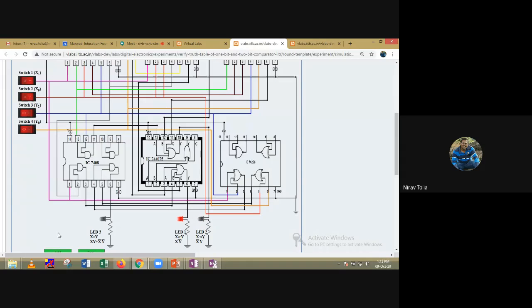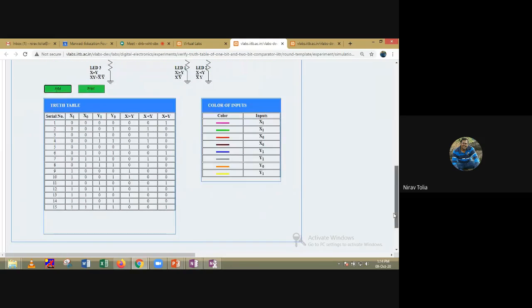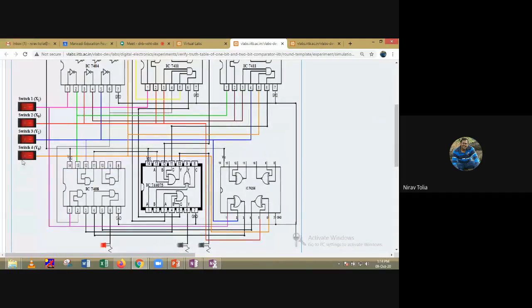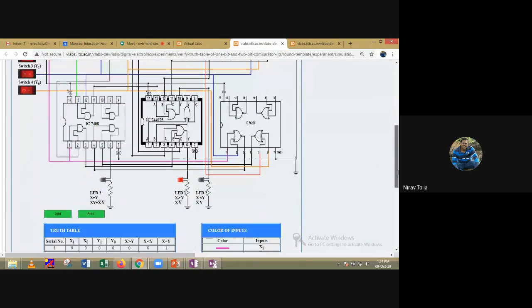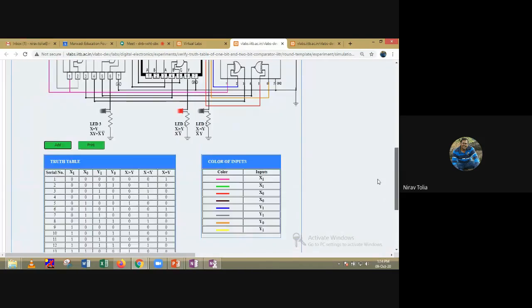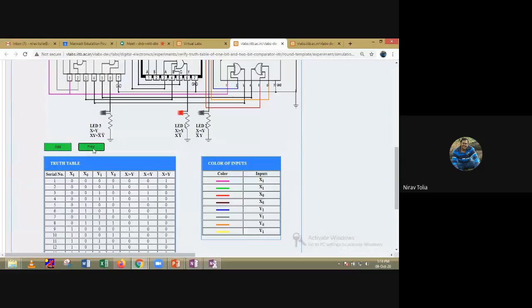Next is 1100, again it is greater. 1101, again it is greater. Now all ones, again it is equal. And one is missing, 1110. Again it is greater than. So this is the table. What you have to do is just click on print.